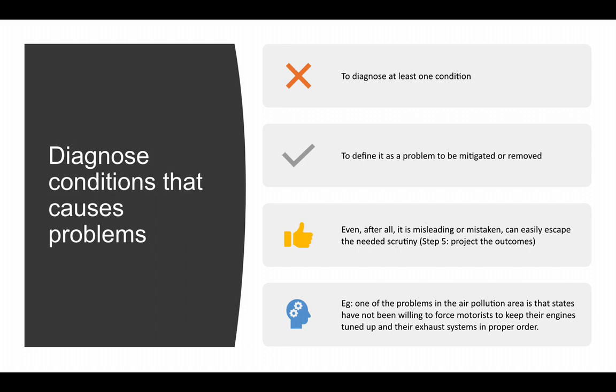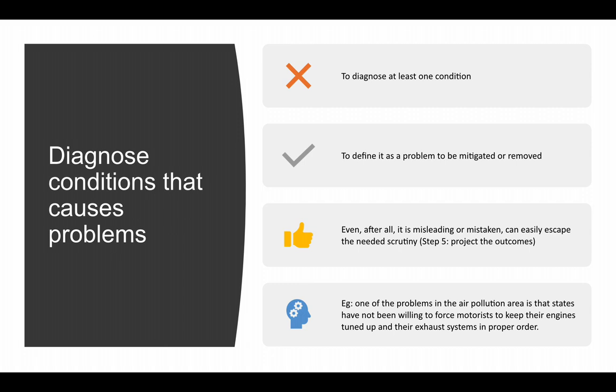Let me give you an example. One of the problems in the air pollution area is that the states haven't been willing to force motorists to keep their engines tuned up and their exhaust system in proper order. So this is very specific.